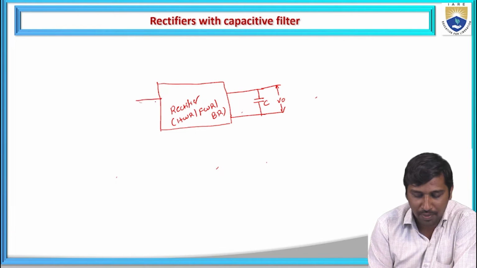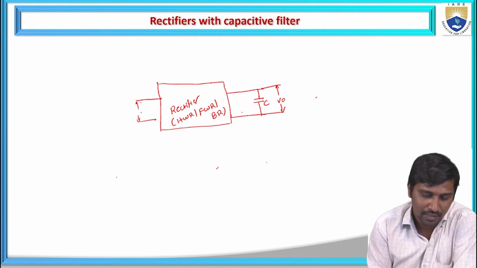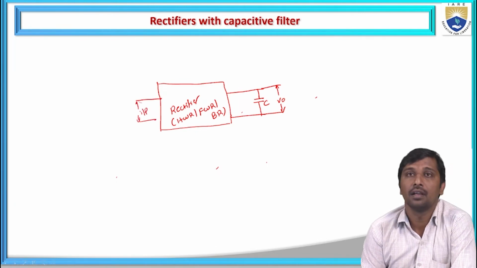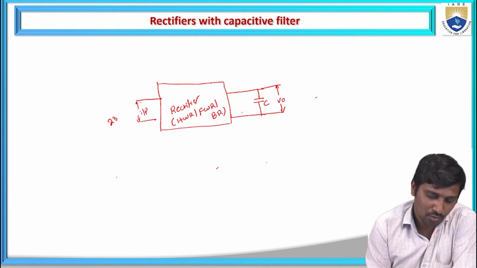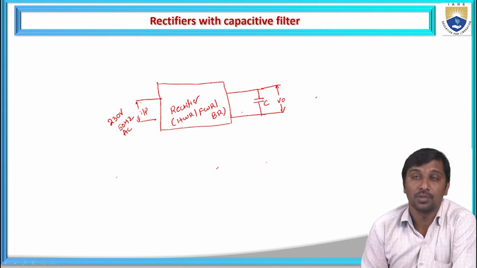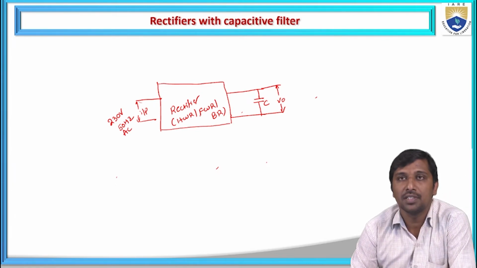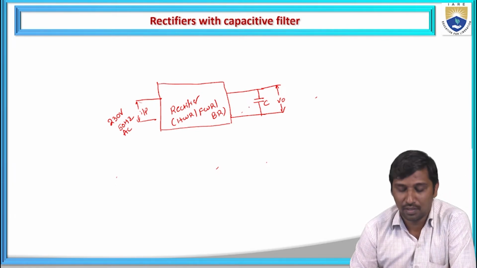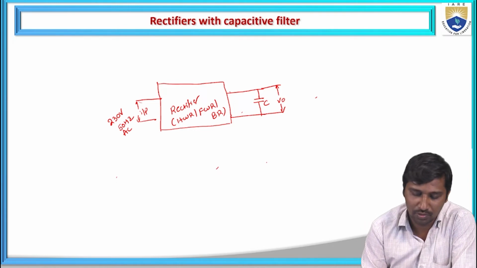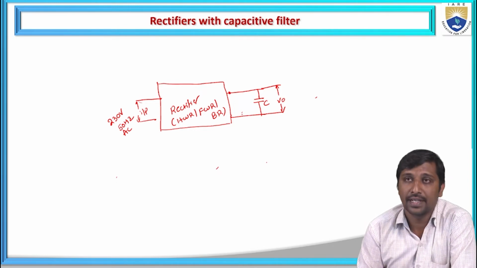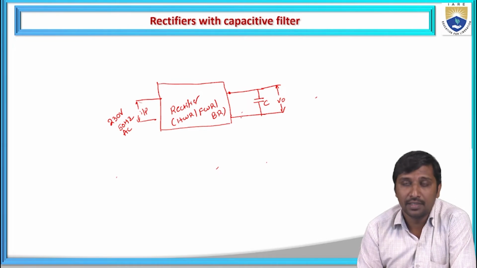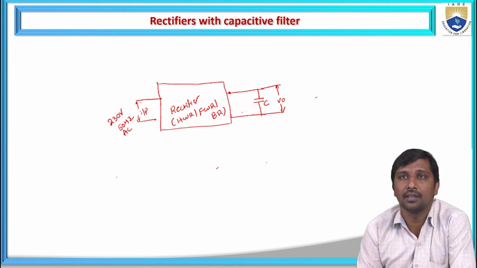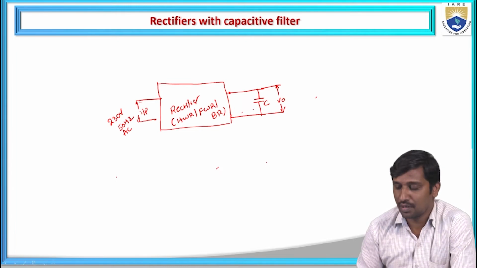Here we need to apply an input signal, and that input signal is a 230 volts, 50 Hz AC source. It is passing first through a rectifier network, and this is the rectifier output. The rectifier output is passing through a capacitive element. This type of circuit is called a rectifier with a capacitive filter.